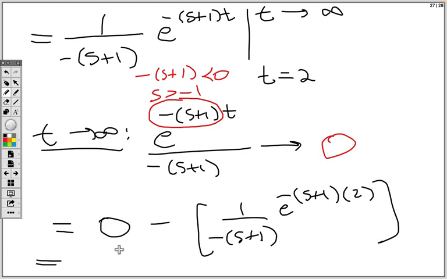So when the dust settles, I get a positive there. I get an e^(-2(s+1)), so e to the minus 2s minus 2, over s plus 1. That's my answer. Okay.